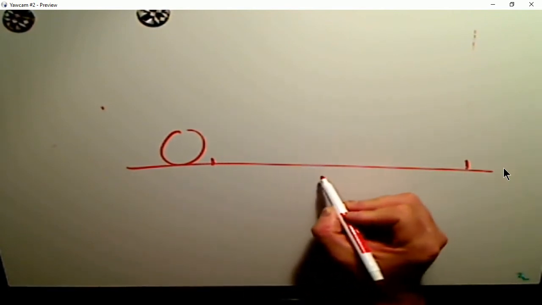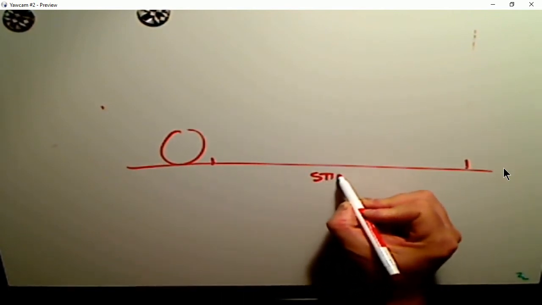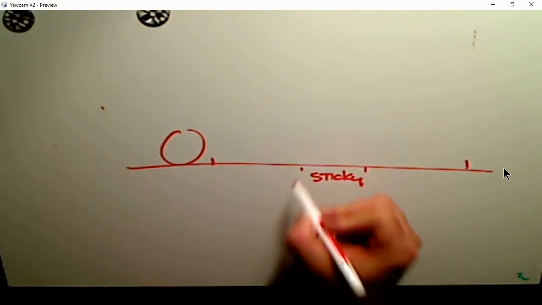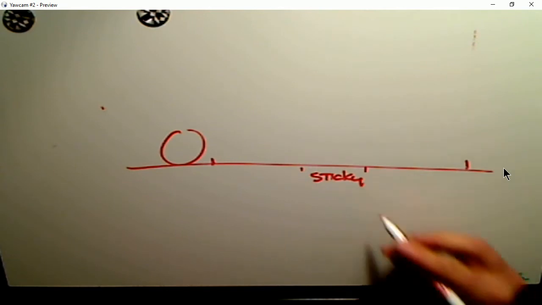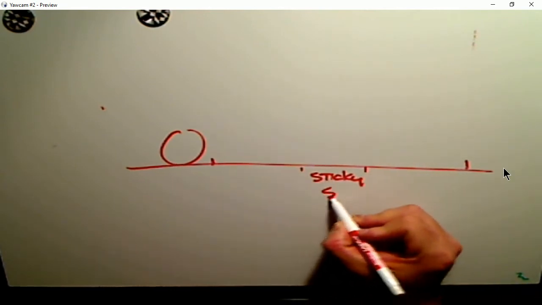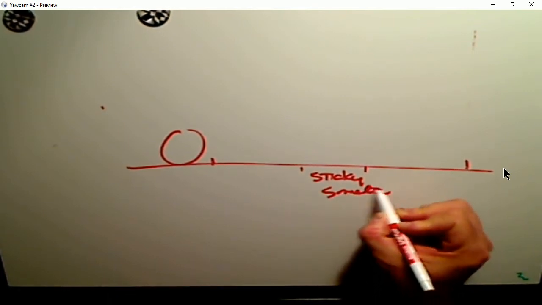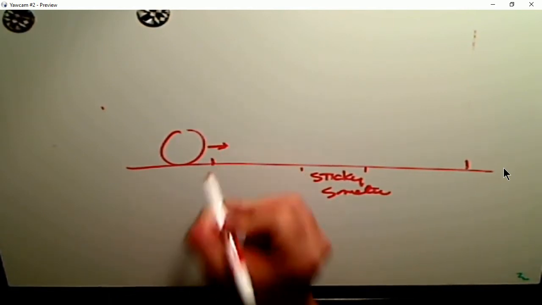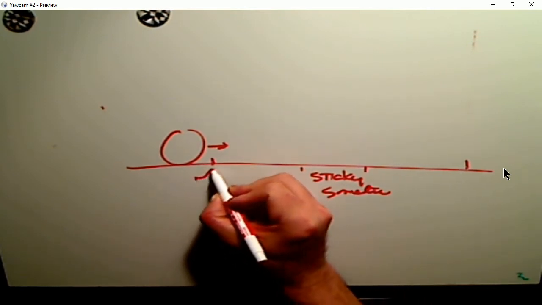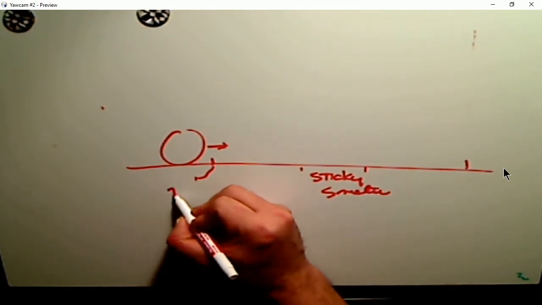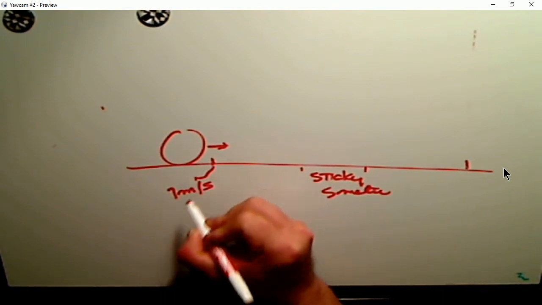And this surface, we're just going to say is sticky. How am I going to define sticky, right? We'll get to that. But we know it's a 5-meter long surface. And it's rolling in this direction. And when it hits this point, its initial speed is 7 meters per second.